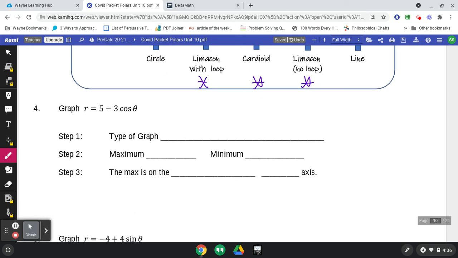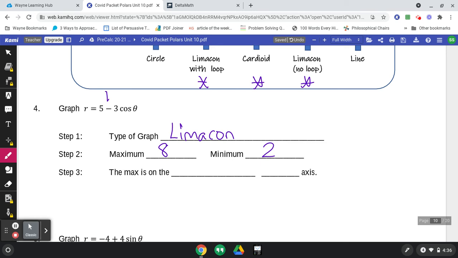All right, so I have a 5 minus 3. 5 is big, 3 is small. So this is a regular limacon, no loop. So I'm just going to write limacon. Maximum I'm going to get by adding the numbers together. 5 plus 3 is 8. Minimum I'm going to get from subtracting them. 5 minus 3 is 2.